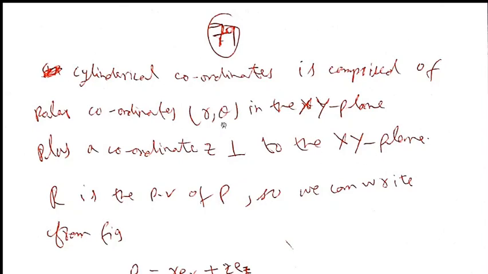In this way you can have cylindrical coordinates: r, theta polar coordinates, then the third coordinate z. This is simply the perpendicular height of that point P from the xy plane.